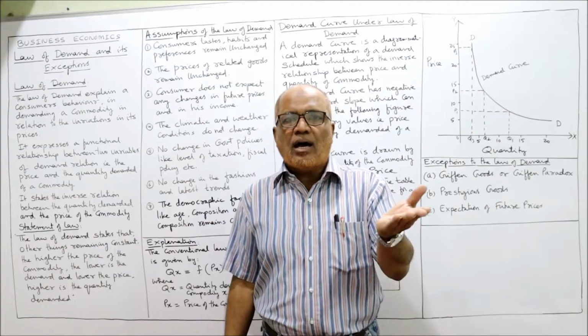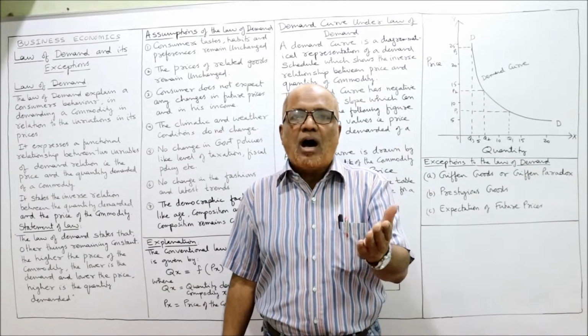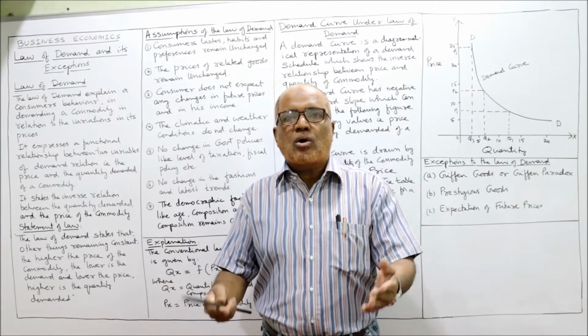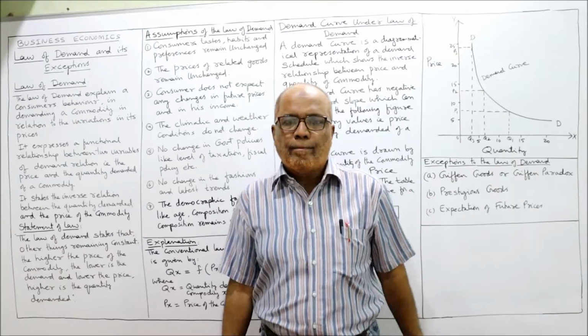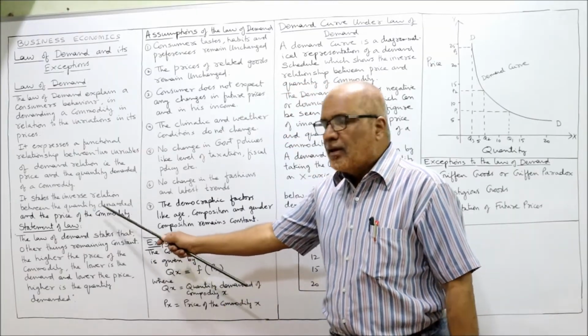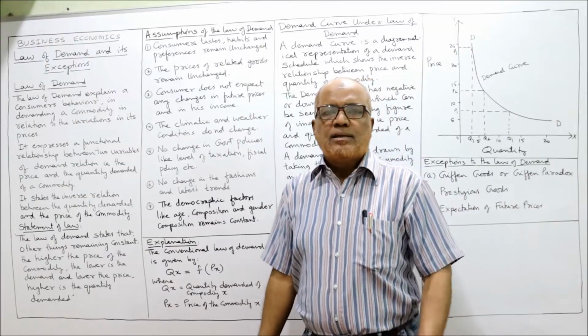In simple words, higher the price, lower will be the demand. Lower the price, higher will be the demand. This is called the inverse relationship between two variables, price and demand. This is a general explanation of the law of demand.